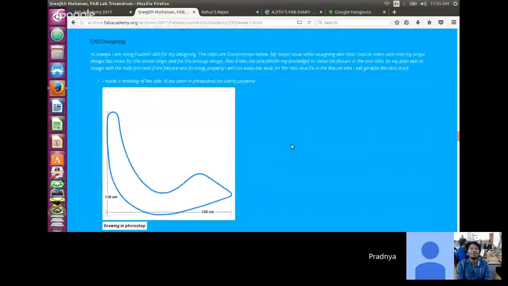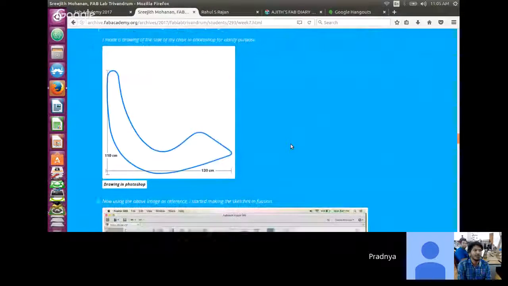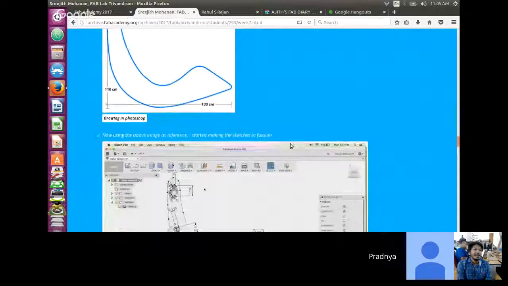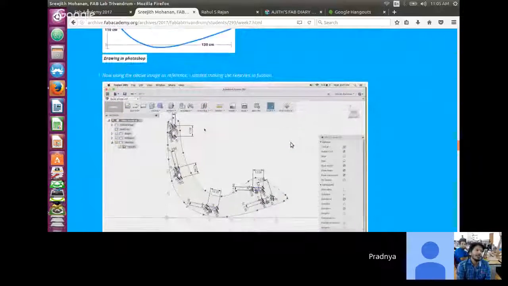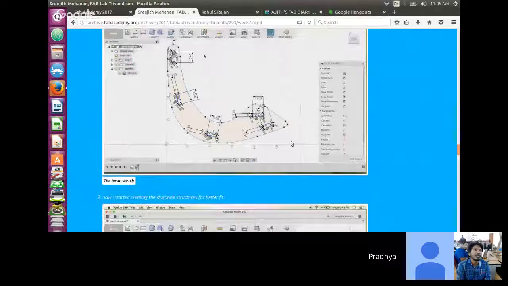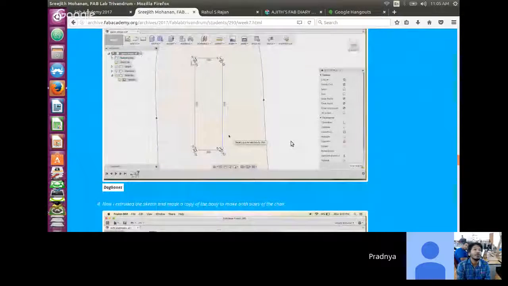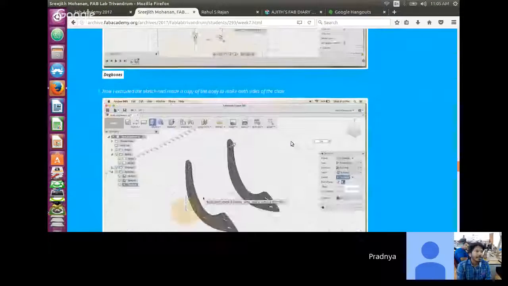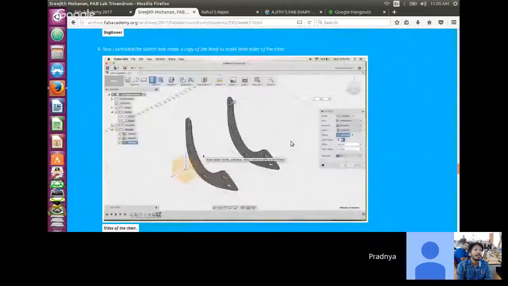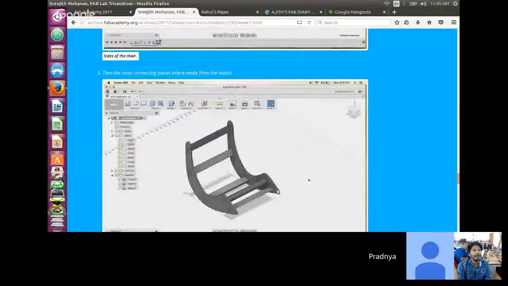Then I started on the CAD design. That is a basic design I drew up to get started. As usual, it is Fusion again. I got the sketches ready, extruded out the part, made the dog bone for proper fitting, then extruded out the parts, copied them around, and made the inner connections.